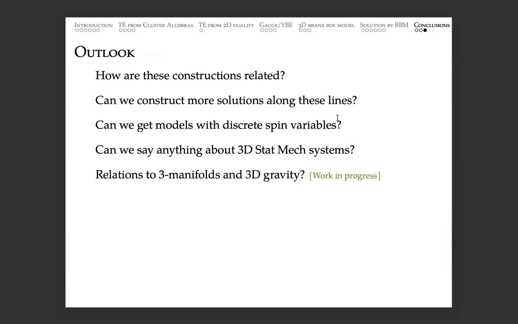You start from a solution of the Yang-Baxter equation with continuous spin variables. You take a certain root of unity limit in a certain parameter, and you obtain solutions of the Yang-Baxter equation with discrete spin variables. That way you can actually reproduce the Chiral Potts model and the Ising model, and many known solutions of the Yang-Baxter equation.